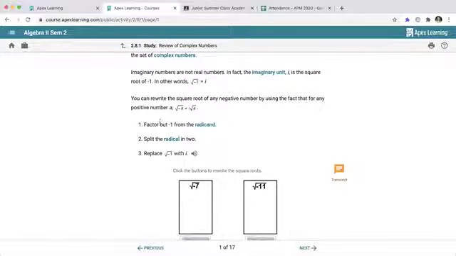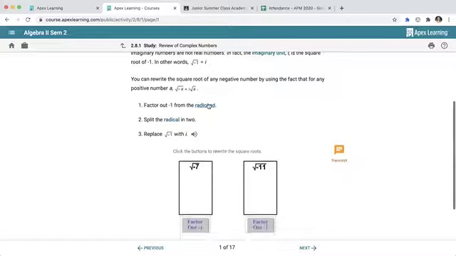What we can do is rewrite the square root of any negative number by using this new fact. If I have the square root of -a, this is like saying i square root of a, because again, i stands for the square root of -1. The steps for doing this: factor out -1 from the radicand, split the radical in 2, and then replace the square root of -1 with i.